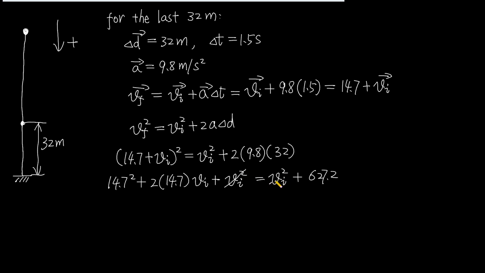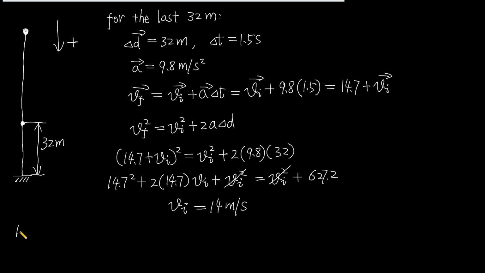At last, we can get that the initial velocity equals 14 meters per second. This is just the velocity when the ball is 32 meters above the ground.